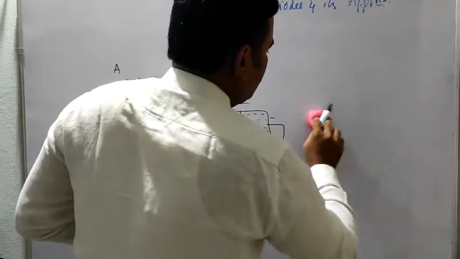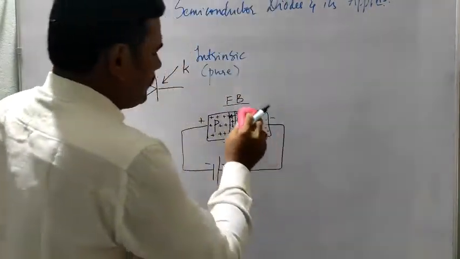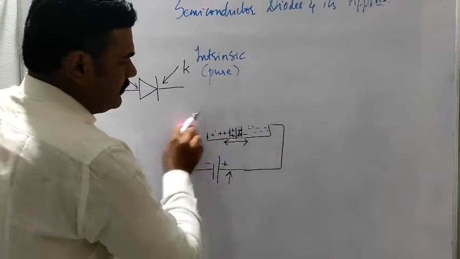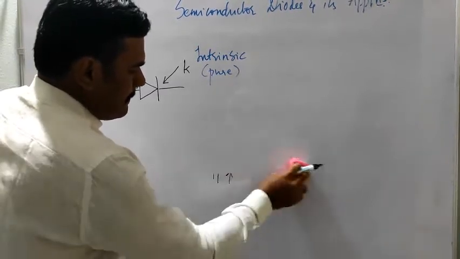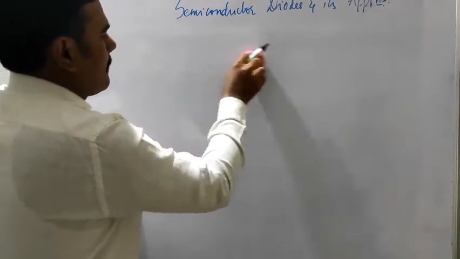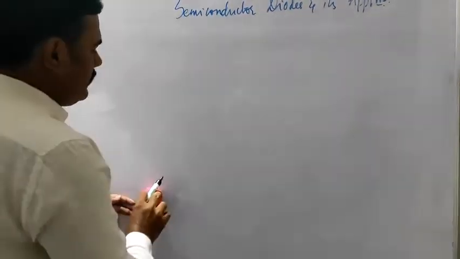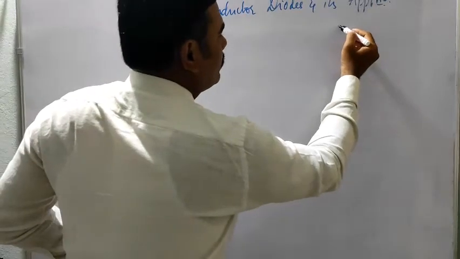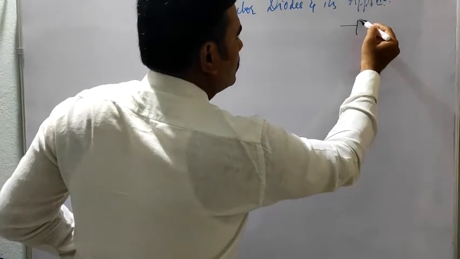If we draw the voltage versus current characteristics of a diode, let me draw the same structure here.